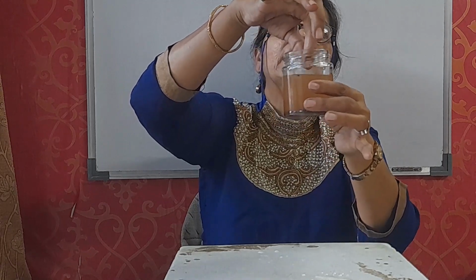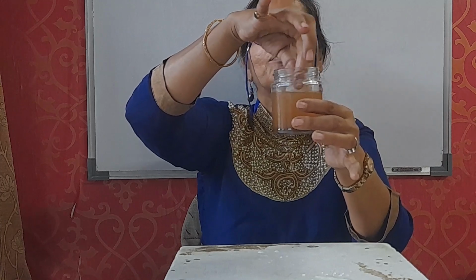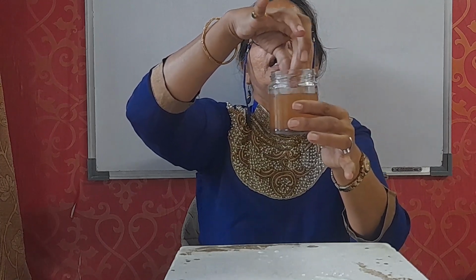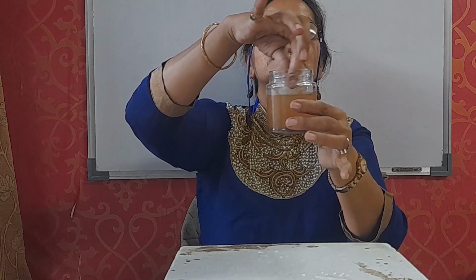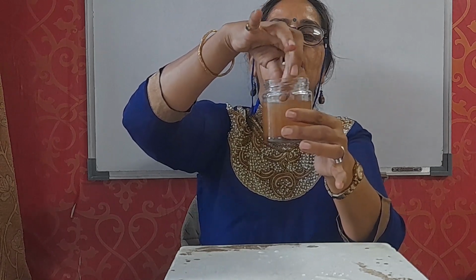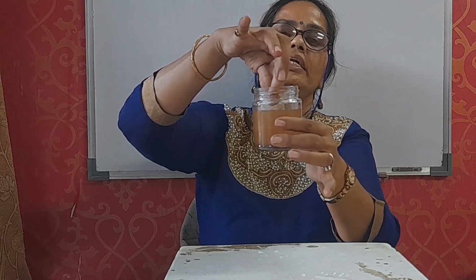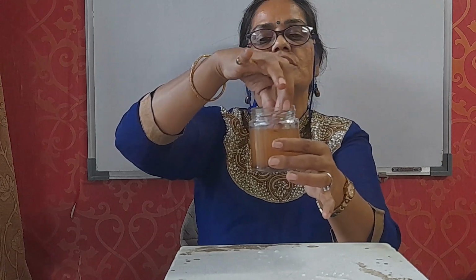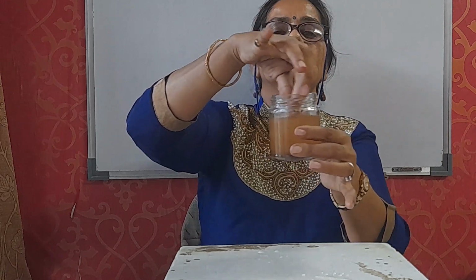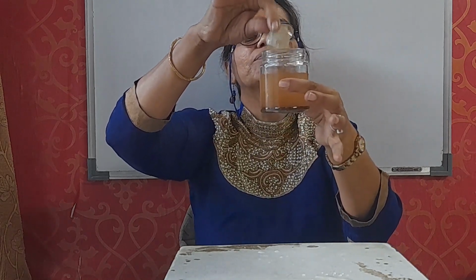See, the dust particles will start separating and settling down at the bottom of the jar. After some time all the dust particles will settle at the bottom of the jar. After moving the alum in the water, you can filter that water through a strainer and use it for drinking. So this is another method, right? I will show you after some time.